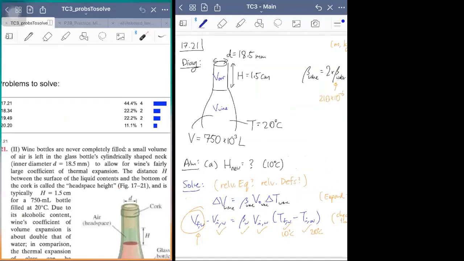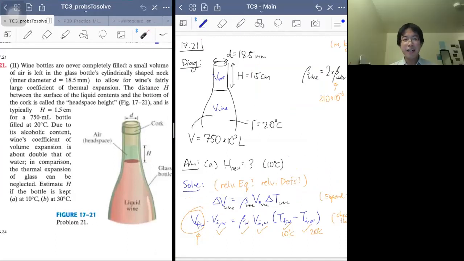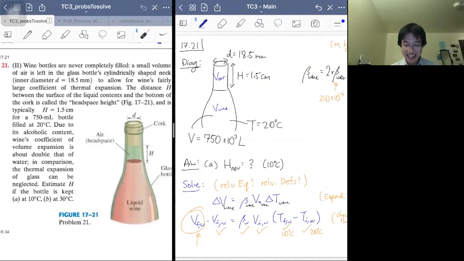Yeah, because I had this problem for homework, and I had to subtract the volume of that little part that the wine's not in, minus the volume of the bottle to find the volume of the wine. Yeah, so this is the part where it's not really physics; it's just ambiguity in the English.